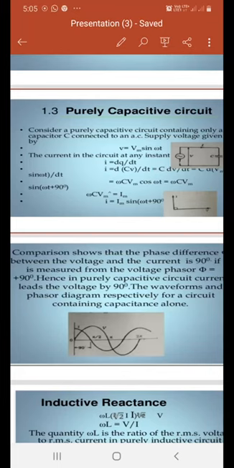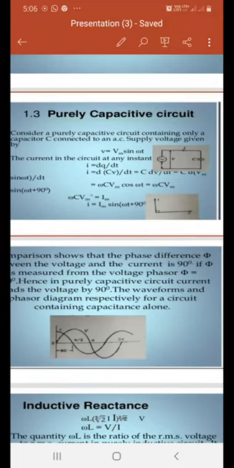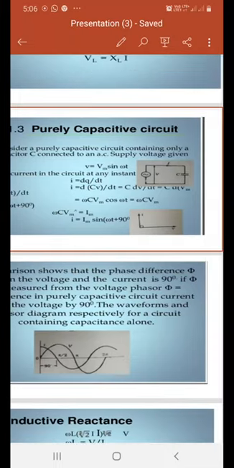The current in the circuit at any instant, small i, is equal to dq by dt, and i is equal to d in bracket Cv divided by dt, which is equal to C dv by dt.